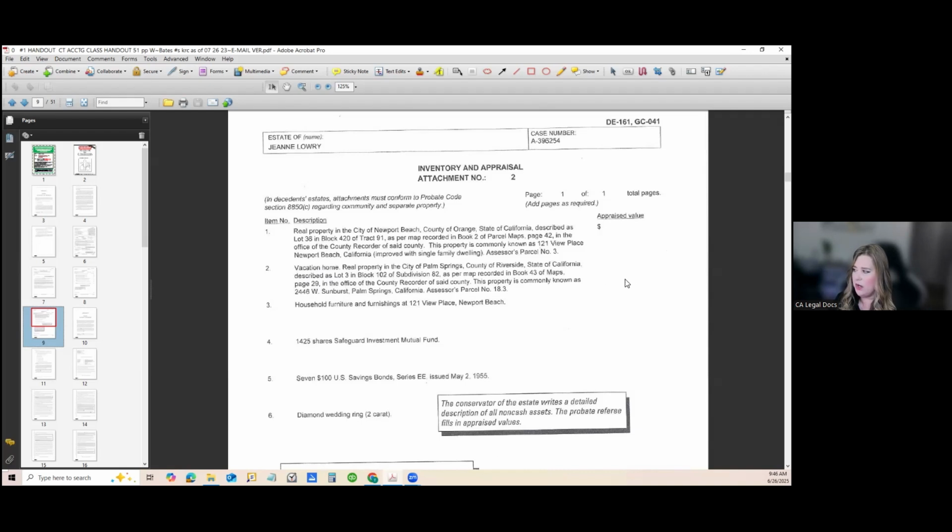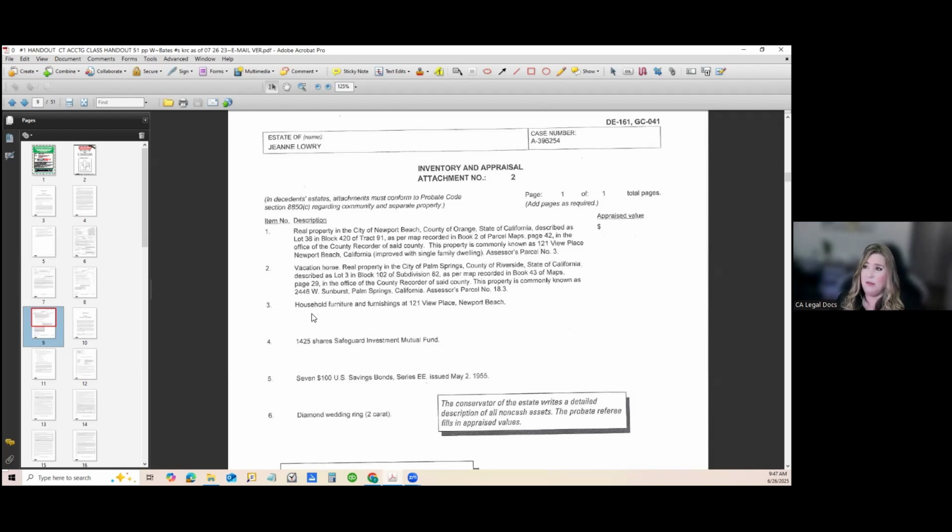That's not for you to provide value. That's only for the probate referee. So this must stay blank, even if you know what it is. Even if a realtor had just given you value, market value, you cannot do that because the probate referee must value the property.